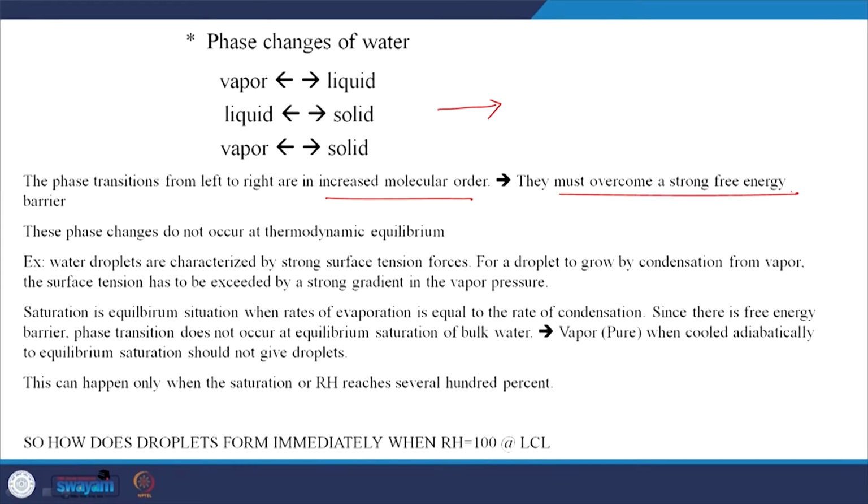That means if the gas is entirely water vapor, then you cannot expect water droplets to form from the vapor phase, right. Then the question is, how do we actually see the droplets form immediately when the relative humidity has reached 100%? Where does this happen? This happens at the lifting condensation level, right.